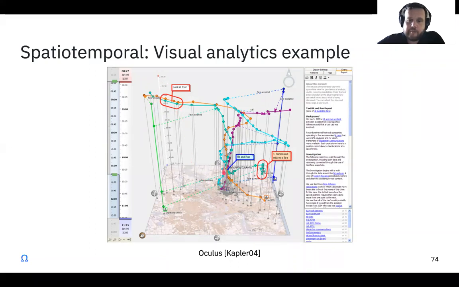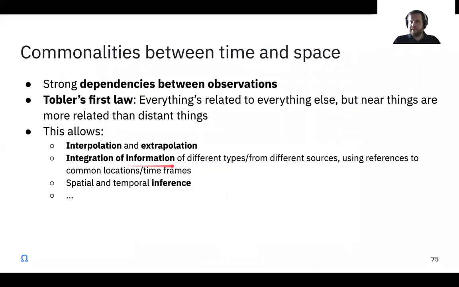This is the time where the hit and run occurred, and we have that he has accepted a fare, he parked and refuses a fare. So you can use these events as anchors to guide your analytics. This is what is meant by integration of information here. And you can do spatial and temporal inference and other stuff, of course.